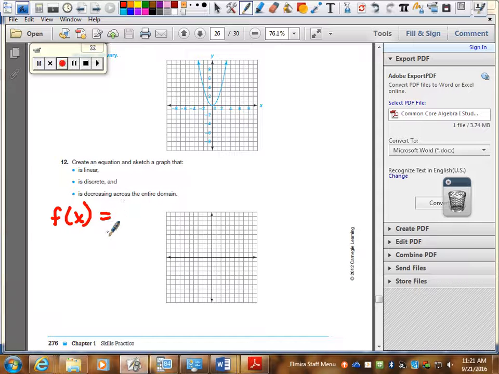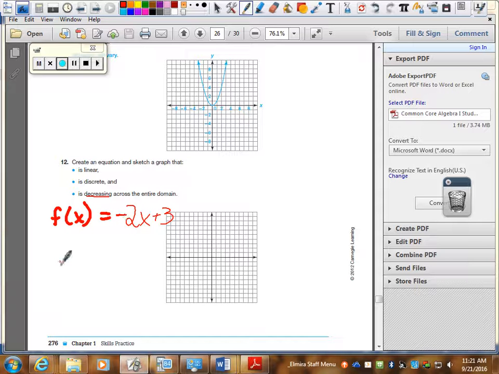I would keep your m and b small numbers. It says it's decreasing, so I'm going to put a negative. Negative 2x, and then whatever number you want. Keep it small, plus 3. Okay? So I just made that up. You can make up the m and the b. Do pay attention to things like decreasing would mean a negative. Increasing would mean a positive out in front.